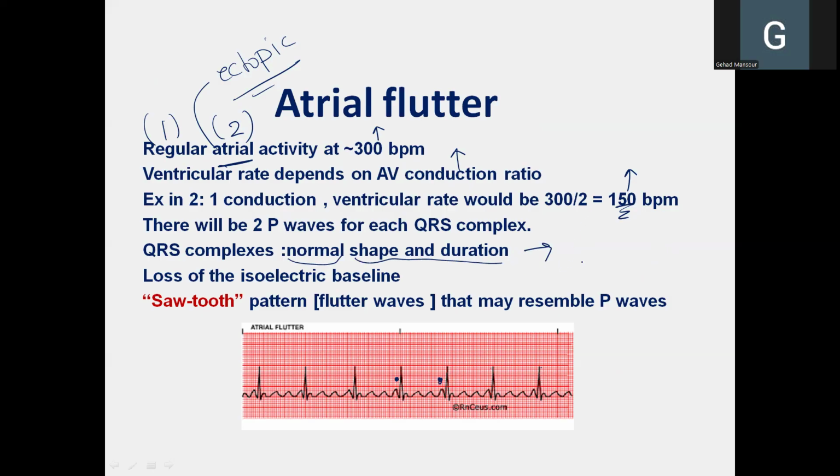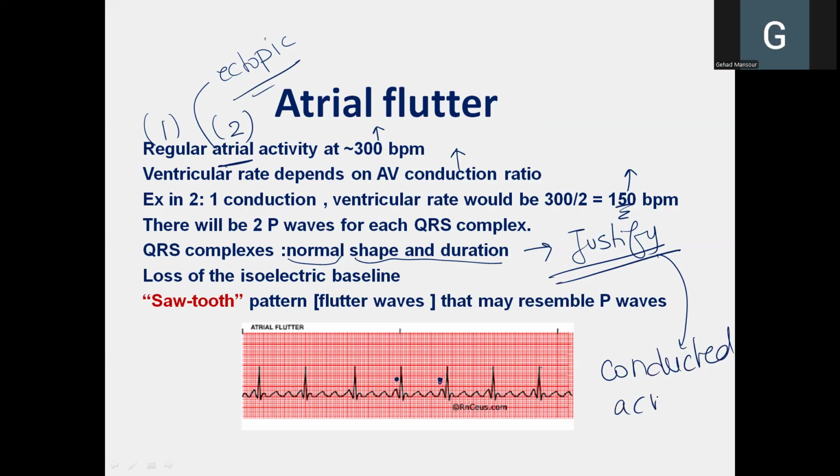And again, how can we, in case of atrial flutter, obtain QRS complexes of normal shape and duration? It's the same answer. This is because they have been conducted across the AV node, and this is a normal pathway.